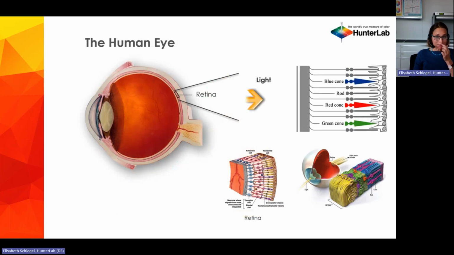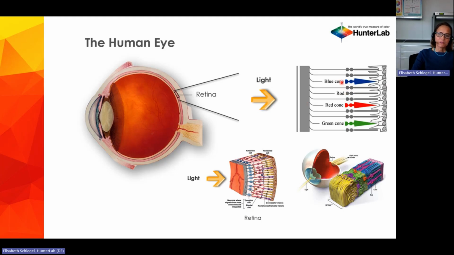So now first, what is happening in the human eye? The light-sensitive sensory cells of our eye are located in the retina here, onto which the light falls. So the light falls through the lens and onto the retina. The sensory cells are divided into rods and cones. The rods are only for the perception of light and dark.